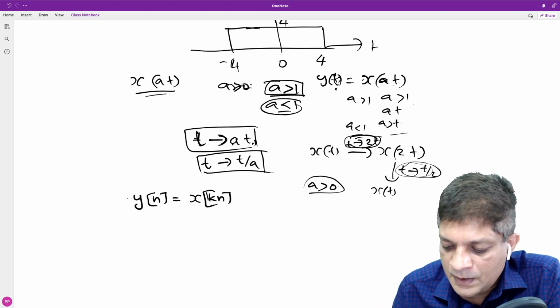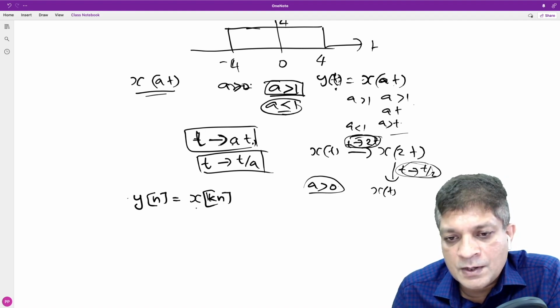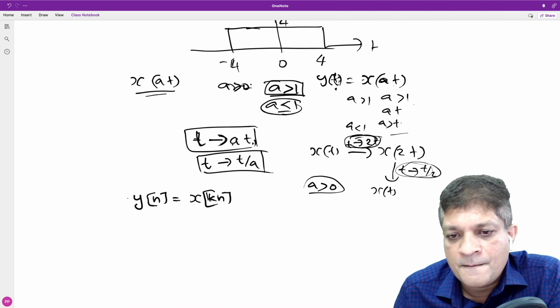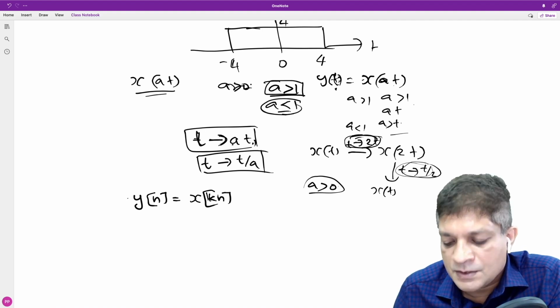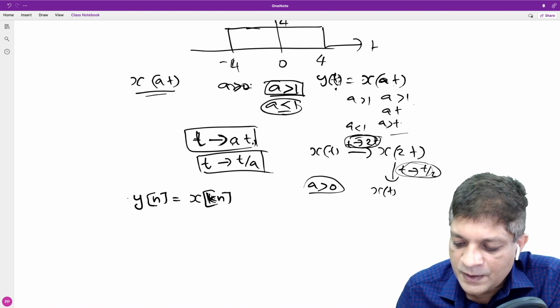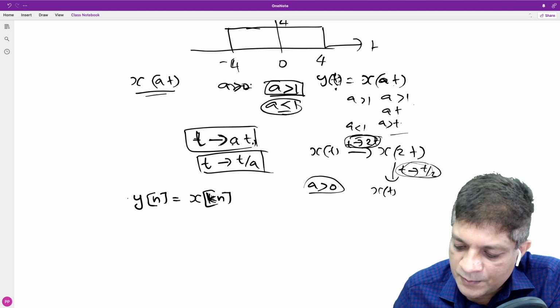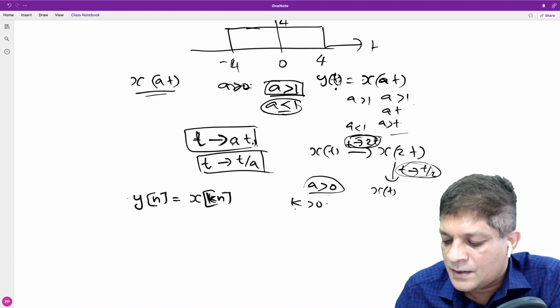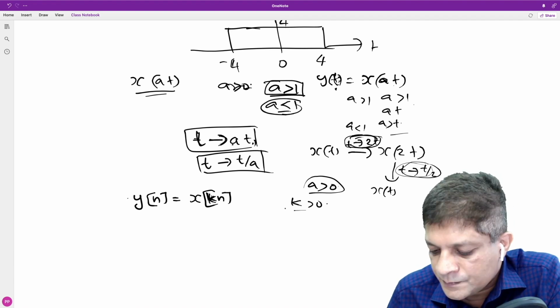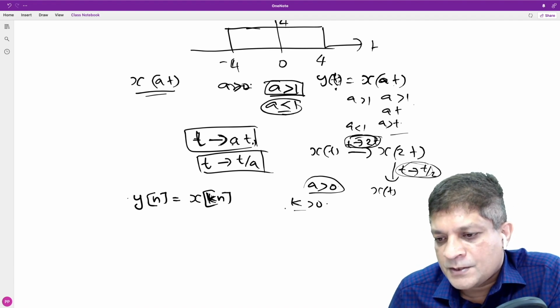But what about the value of k? We are talking about a discrete time signal. So what is the domain of that function? That is the set of integers. So this operation makes sense only when k is an integer. For the time being, let us assume that k is an integer greater than 0.